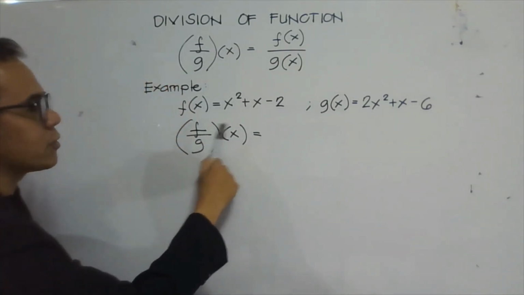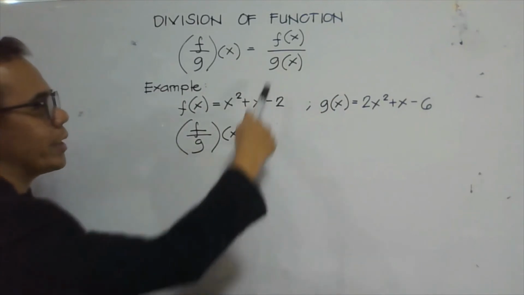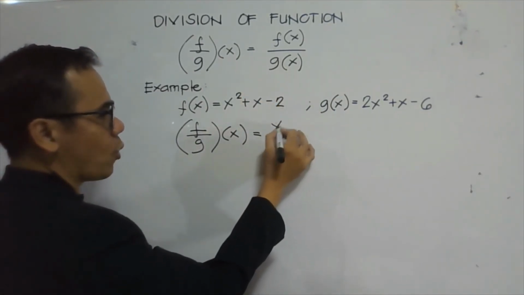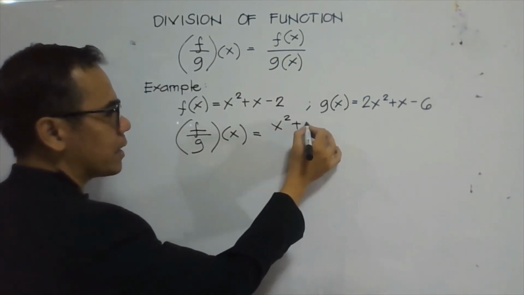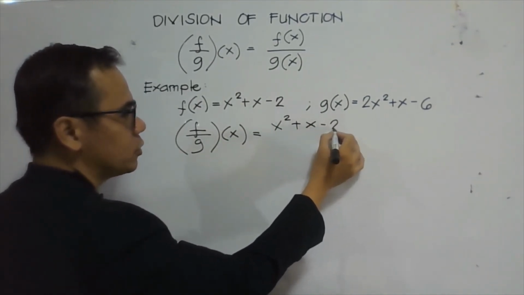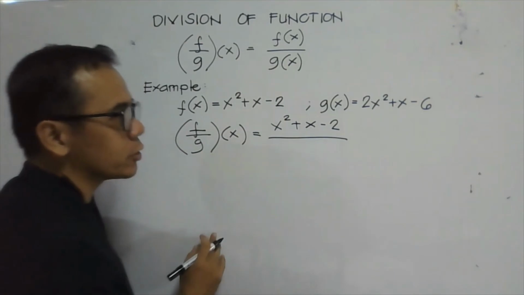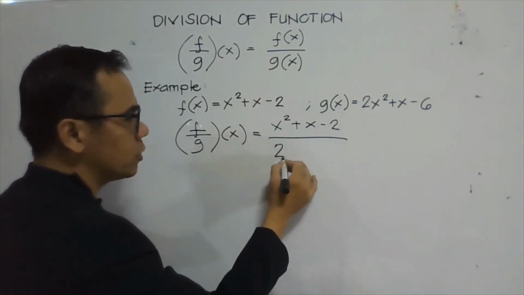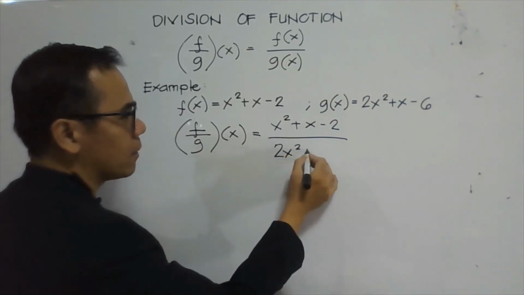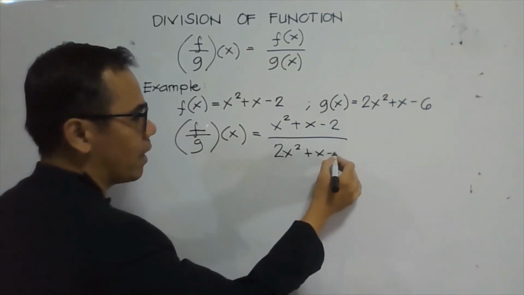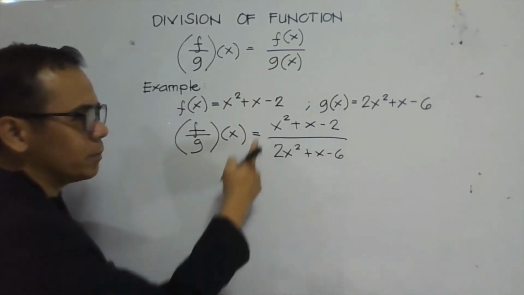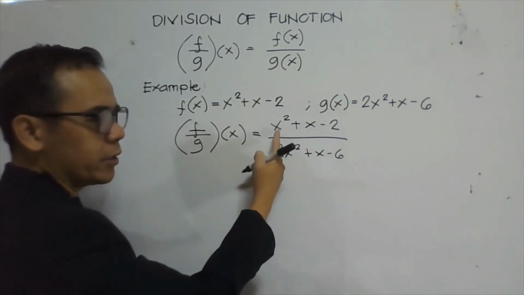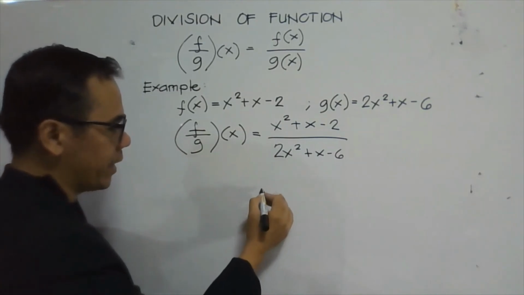So solving for the quotient of these two functions, we have as our numerator the f of x, x squared plus x minus 2. And for our denominator, we have the function g, which is equal to 2x squared plus x minus 6. Now, to be able to simplify it, we need to factor out these two expressions, the one in the numerator and the one in the denominator.